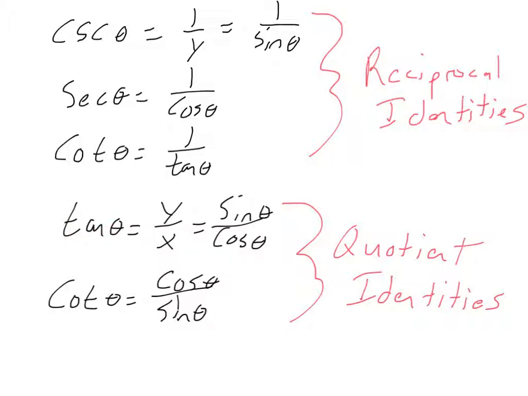And once again, y is sine, and in the unit circle, x is cosine. So tangent is sine over cosine. And then cotangent is just the reciprocal of that, cosine over sine. So we have all these identities that we can use to play around with and alter expressions to make them easier to calculate in some cases.